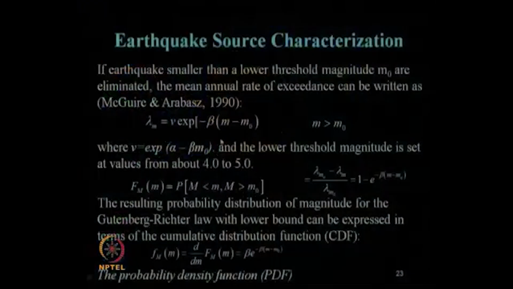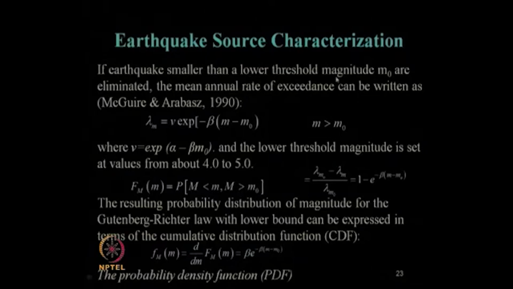You are interested in whatever earthquakes have occurred above 4.5. So, why should you take for your Gutenberg-Richter relationship estimation all the earthquake magnitudes say 3, 3.5, 4? We should not take them, right. So, that is why it is mentioned over here. You can select a lower threshold magnitude m naught based on your design criteria, and you can neglect all those earthquakes which are less than that m naught.